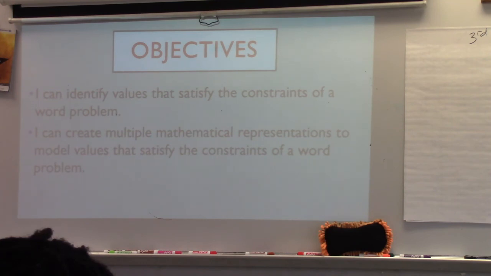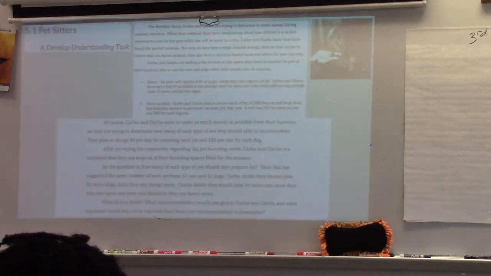Algebraic, right? Our equations, our expressions, our inequalities. What else? There's 2 more. They're not as heavy, but they're still good and useful. A bar? Well, that'd be a graph, right? That's typically for data, not as much for functions. What are you saying, Jaden? Pictorial, right? Drawing pictures. I haven't seen anyone do this yet, but realistically, could you have drawn a picture to represent the space that the cat pens were taking up and the dog runs were taking up?